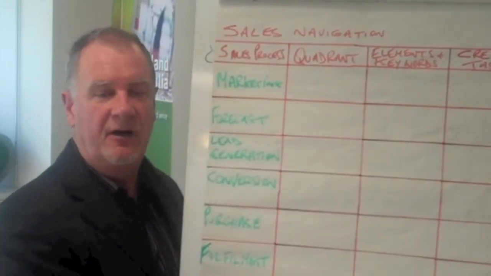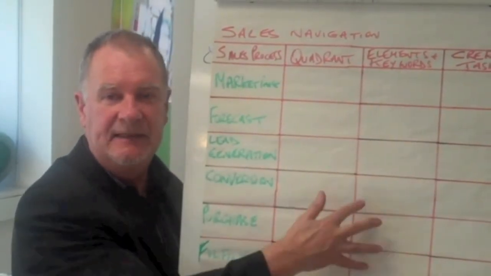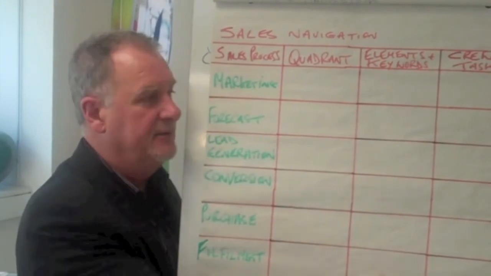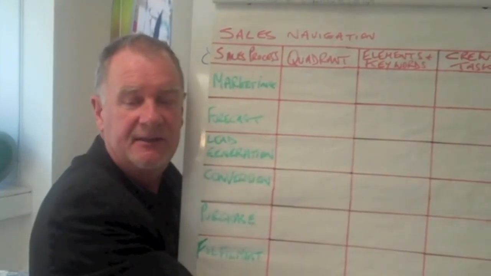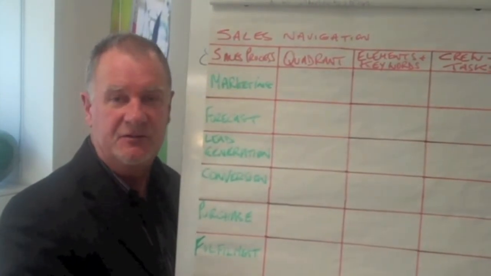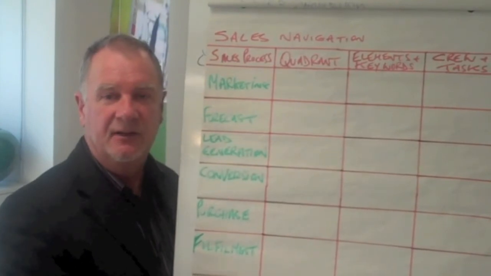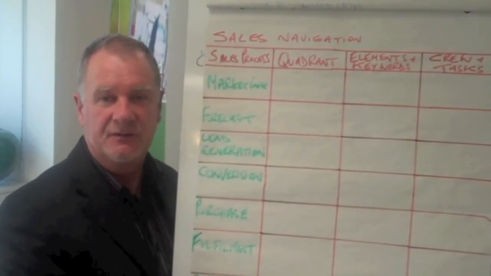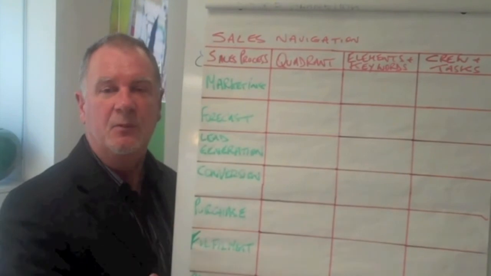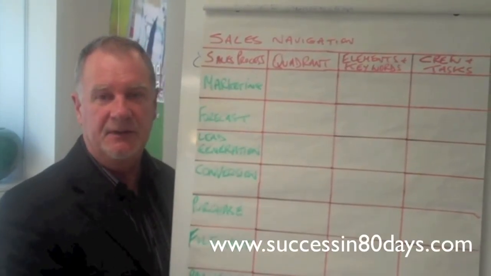What quadrants are involved, how to describe what we need at each stage, and therefore generate ideas from ourselves and our crew in terms of how best and how efficiently we can execute our progress through this sales process. Then we build up processes that are doable, achievable, and meet the company's needs as well.